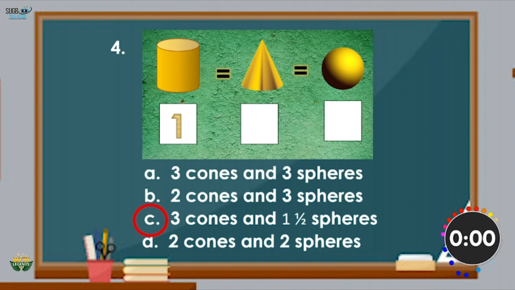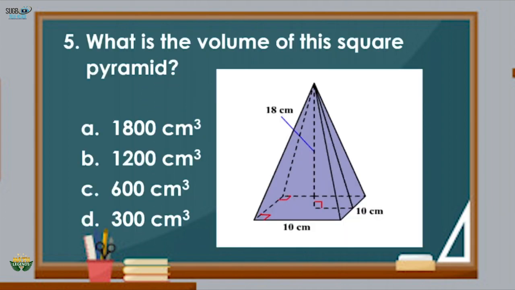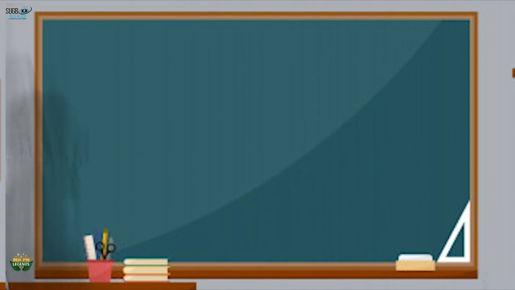The answer is C. What is the volume of this square pyramid? Very good. The answer is C.